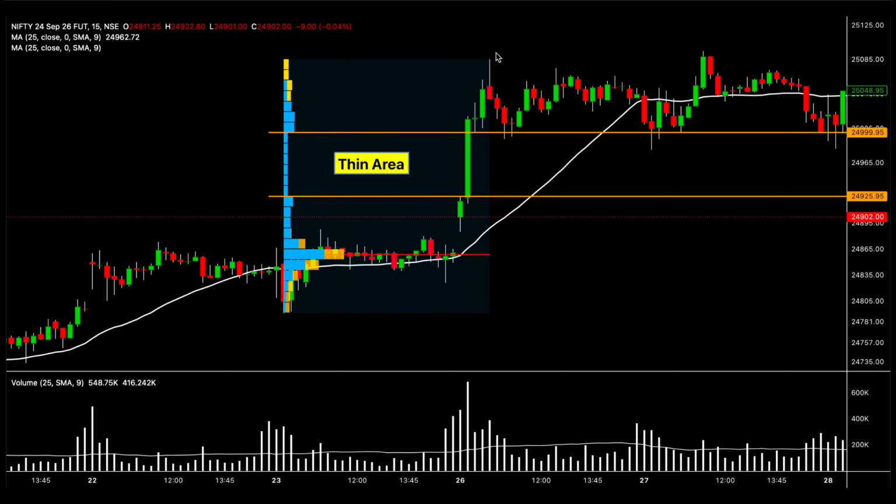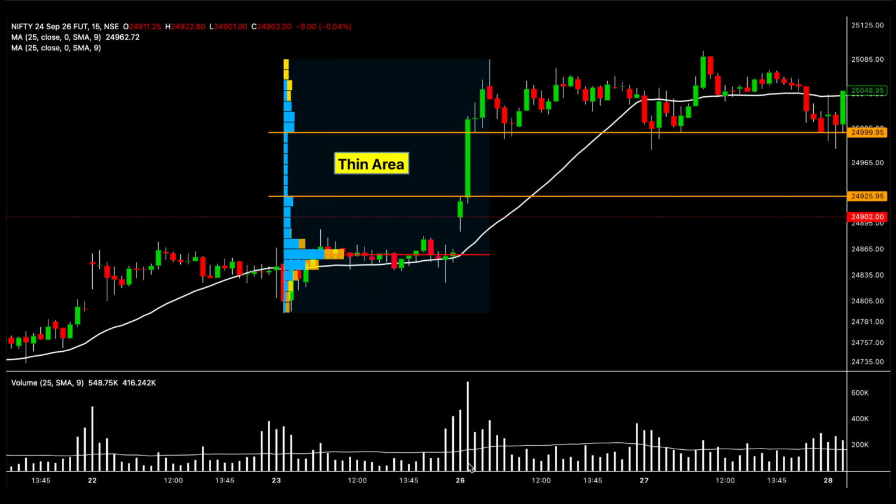If you use this tool, you will see the horizontal volumes, which define how much trading activity or volume has happened at a given price point or price range. I would like to first distinguish between vertical volumes and horizontal volumes.